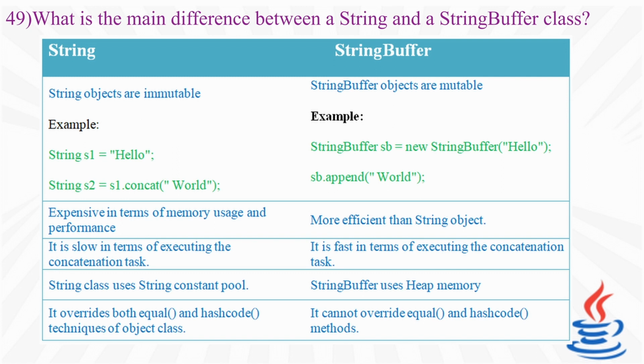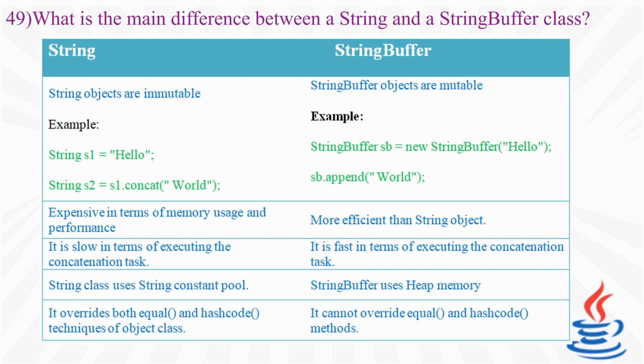sb.append world. Another important difference between String and StringBuffer is performance. String objects are immutable. Any operation that appears to modify the string actually creates a new String object with the modified value.